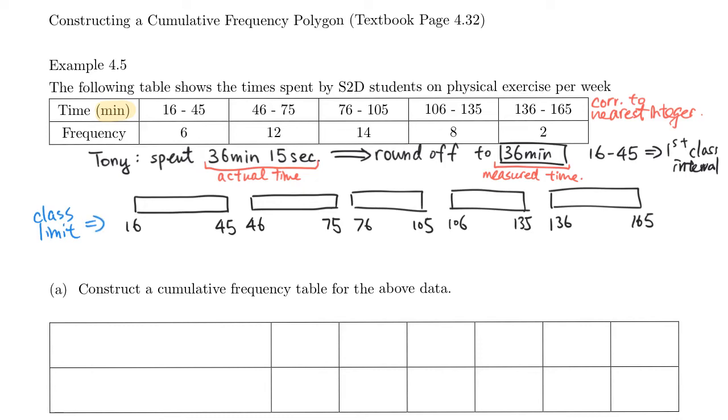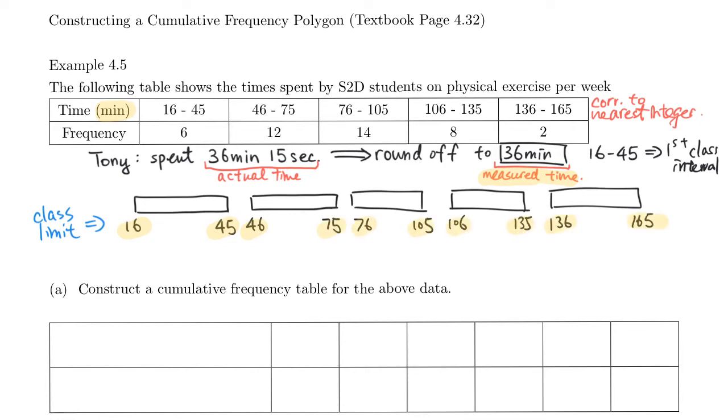For example, 16 is the lower class limit of the first class interval. So 75 will be the upper class limit of the second class interval. So this is the class limit. Remember, these numbers are all the measured time. I will use the color yellow to highlight it. So these are the measured time.